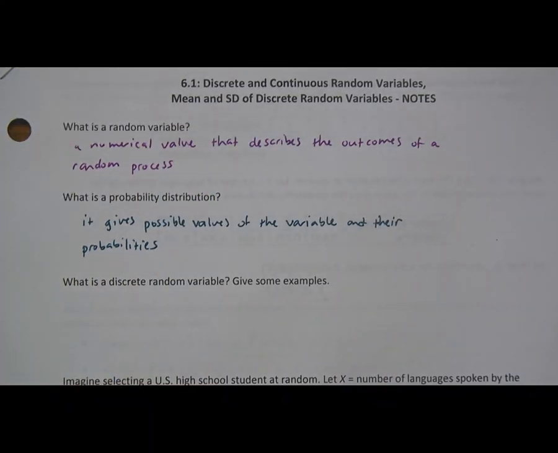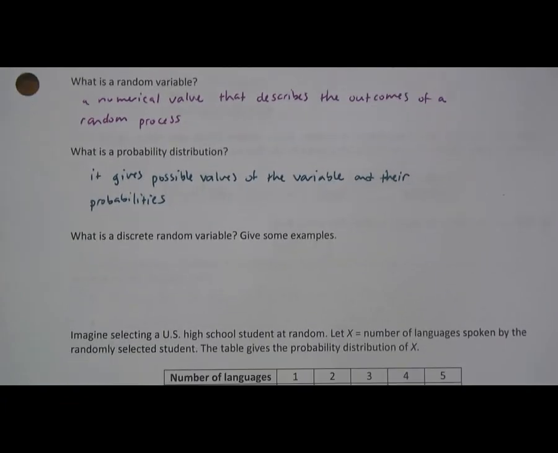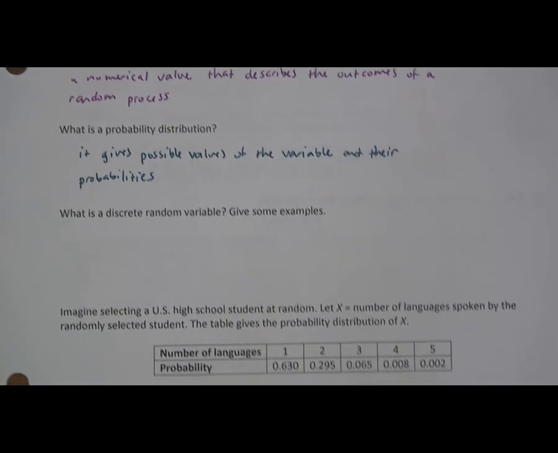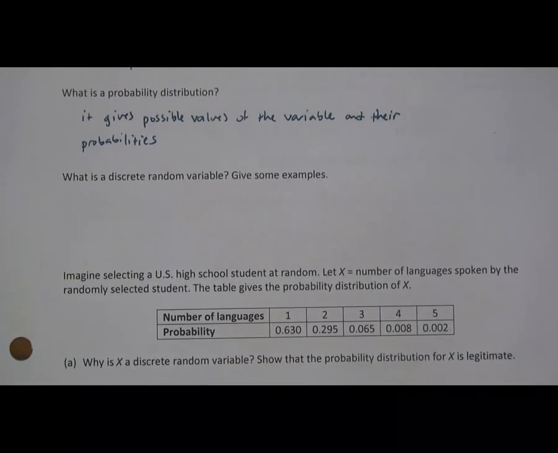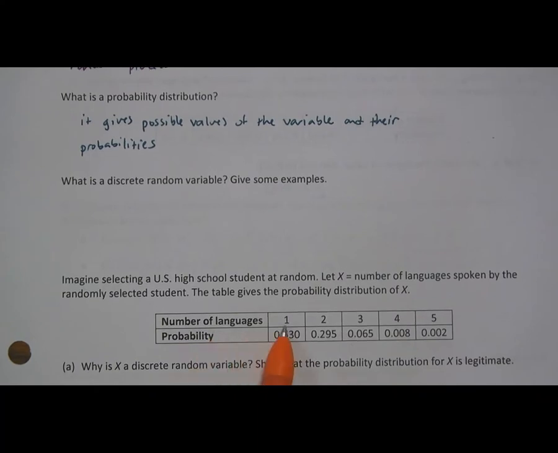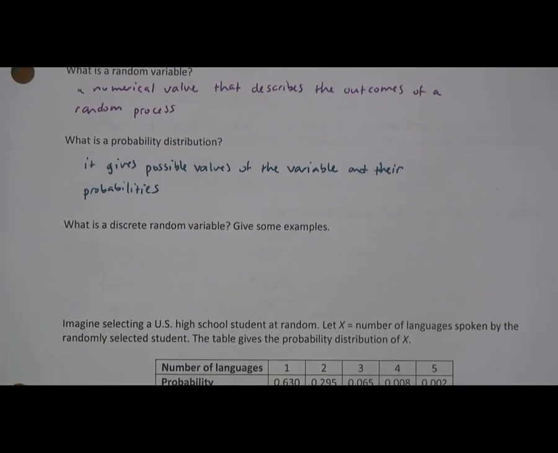It tells you all the possible outcomes and the probability of that outcome happening. If you just look in the middle of your page, this little table right here, that's what a probability distribution table looks like. It just tells you all the possible outcomes, and we'll look at this in just a second, but the number of languages a student speaks, and then the probability that if I draw a student at random, that they speak this many languages. That's all a probability distribution is.